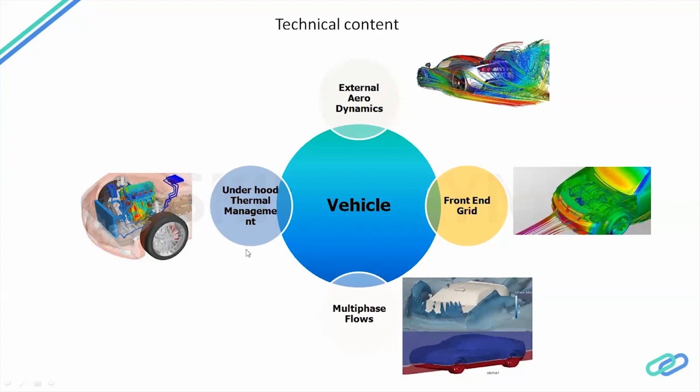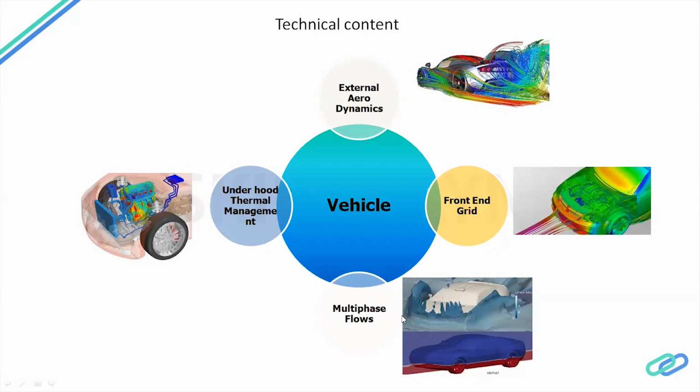And if we come to underhood thermal mapping, here we can see the temperature analysis where hotspots are more important, how to reduce the hotspots, and how much heat is carried by the air when it's passing through all the heated zones. This is one group where people will work.